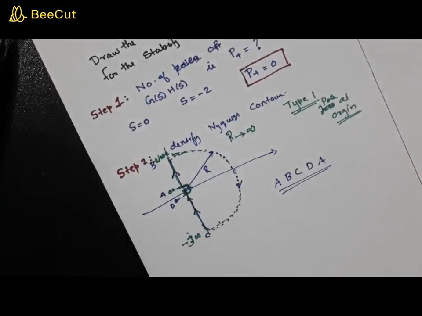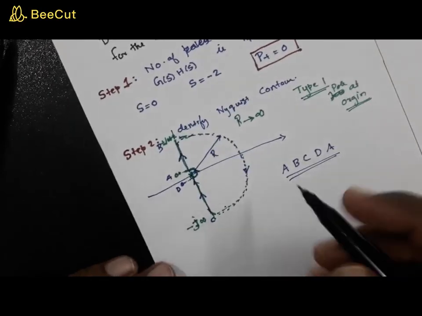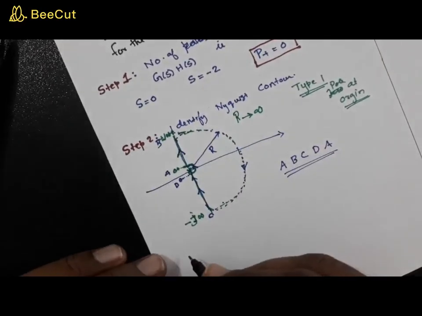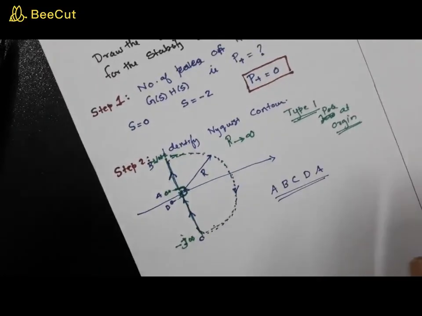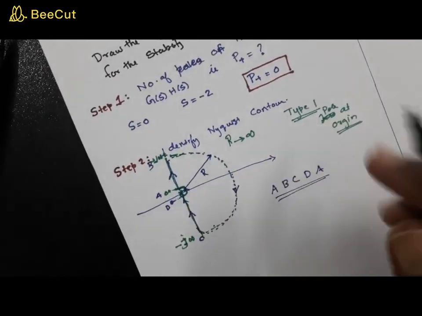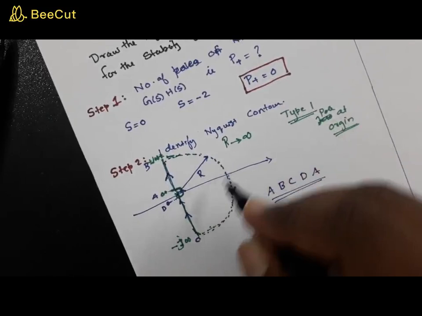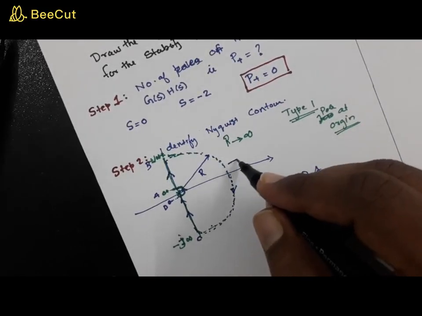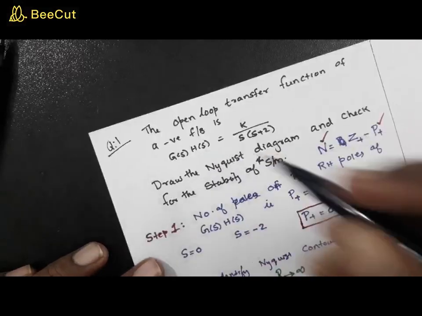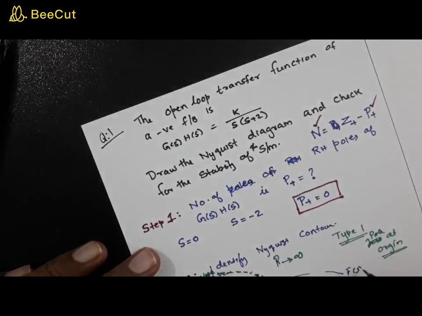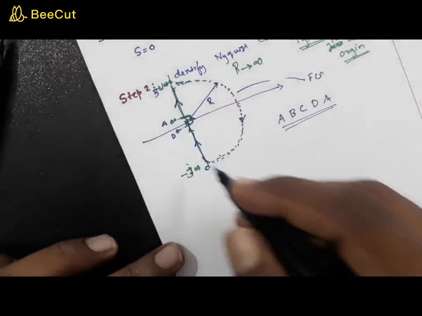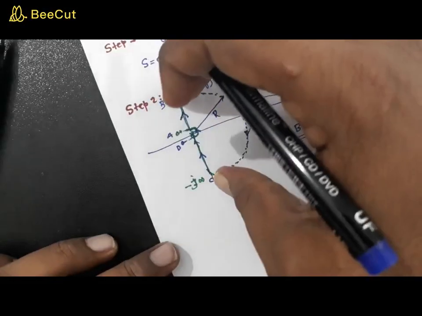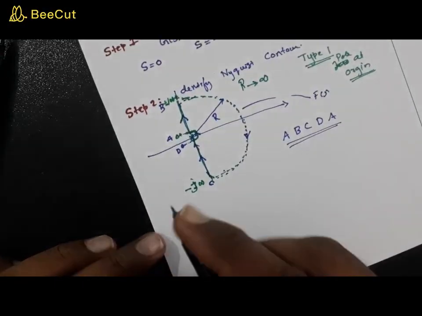Now, let me make this into segments. What all things you need to map? In the next step you need to map this to a function f of s, g of s, h of s. So in order to map this, I'm breaking this whole contour into various segments.